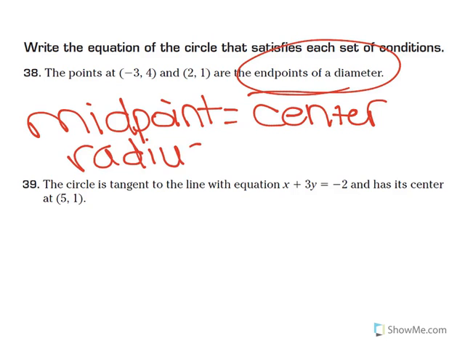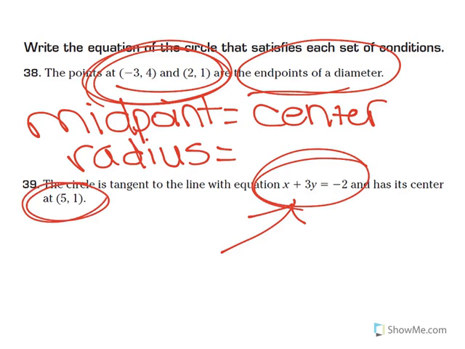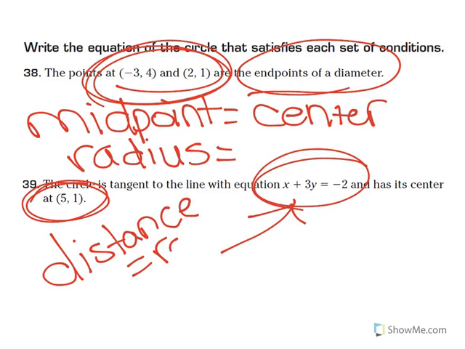You can find the distance between the midpoint and one of these endpoints to find your radius, and then you can write your equation. My hint for this one is to graph that and graph that and then find the distance between the two of them. That equals your radius. Once you have your radius, you also have your center over here. Okay, that's circles.